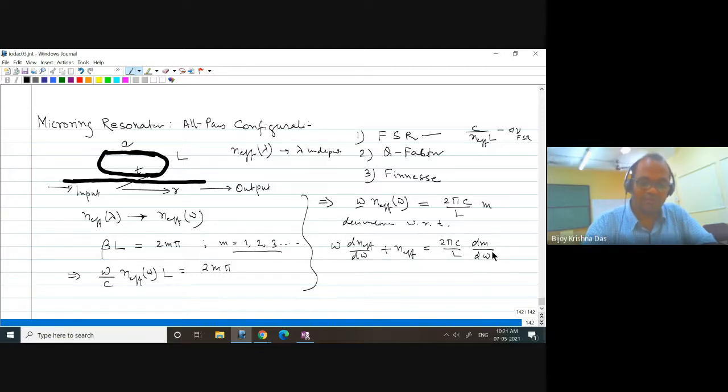Now, what is the minimum value of dm one can consider? The minimum value of dm can be 1, because it goes 1, 2, 3, 4, and so on. So the discretization is 1.